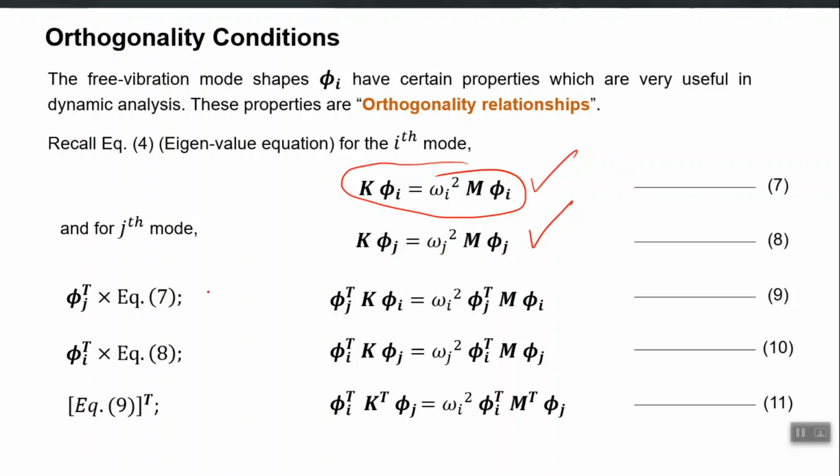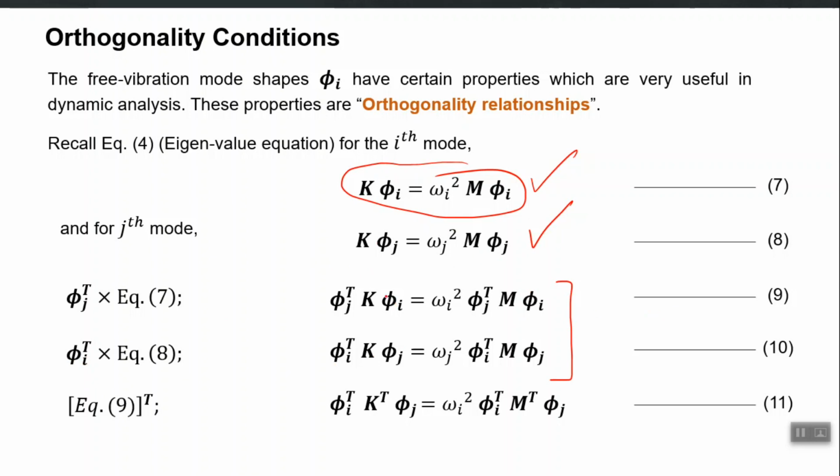Now, you multiply equation 7 with phi j transpose. Equation 7 is originally for any ith mode, but you multiply it with phi j transpose, and equation 8 you multiply with phi i transpose, right. Equation 8 is originally for any jth mode, but you multiply both sides with phi i transpose, and you will get two new equations, these ones.